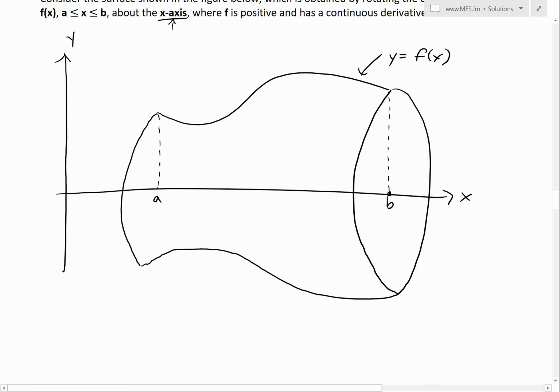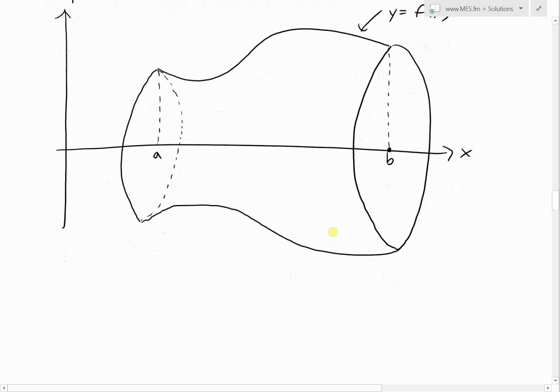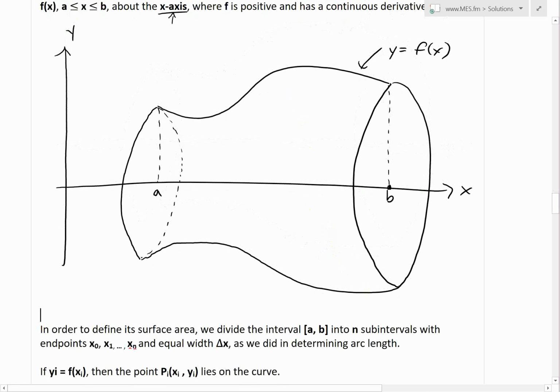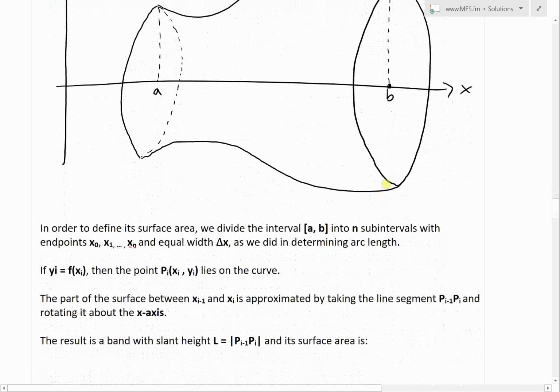So we get something that looks kind of like this. Now I'll draw just the 3D part of it, so it's rotated across. So we have a surface that we are trying to get the surface area of, all the way around it. It's the full surface area, so imagine it in 3D.